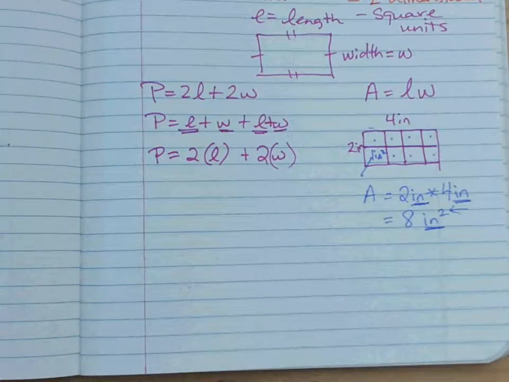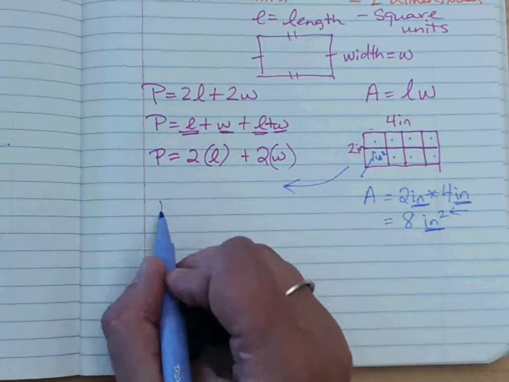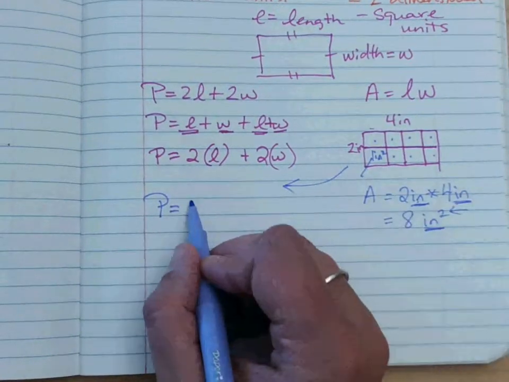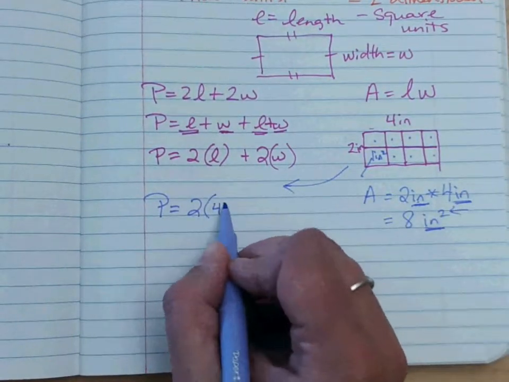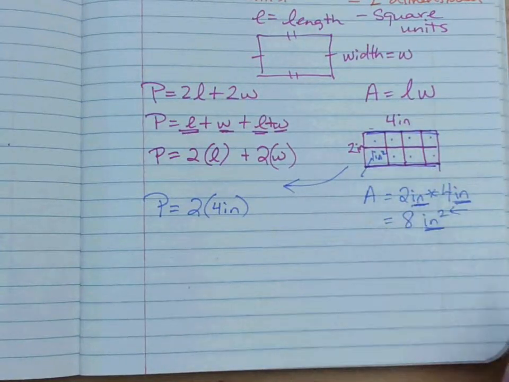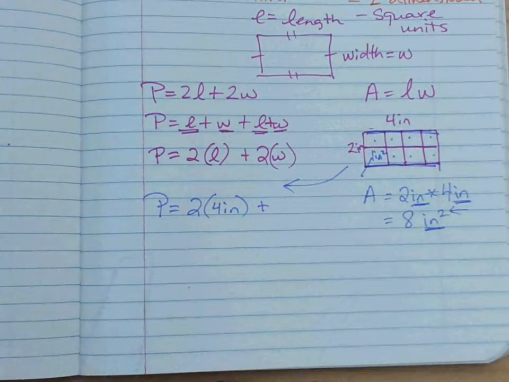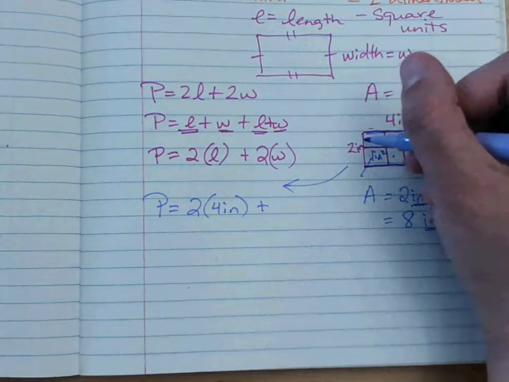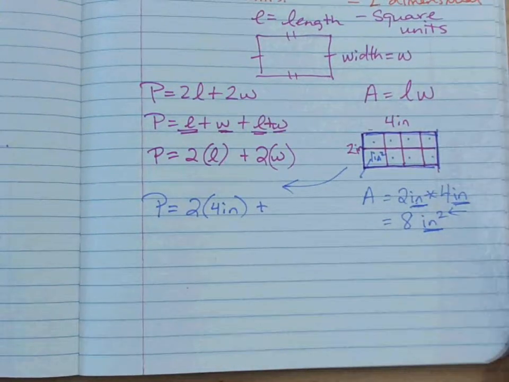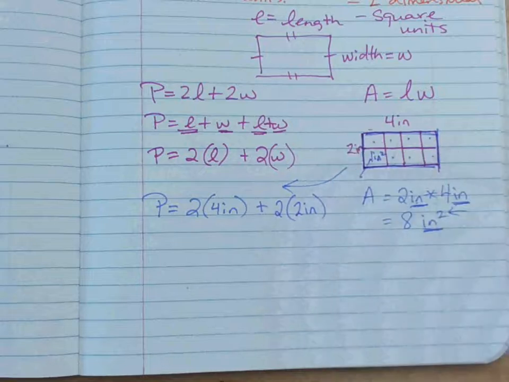Okay, for the perimeter, if I want to find the perimeter of this, P for perimeter equals 2 times the 4 inches, because I have a 4 inches here and a 4 inches here, so that's how I get 2 lengths, right? Plus, how many widths do I have? There's my width, 2 inches, 2 times 2 inches.